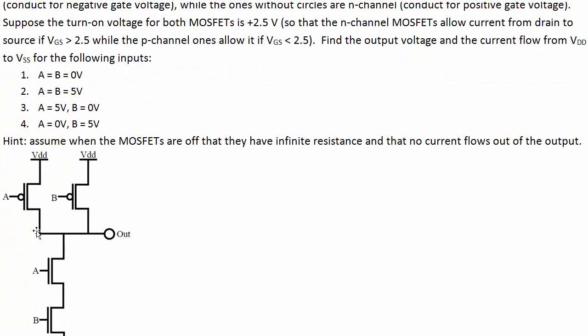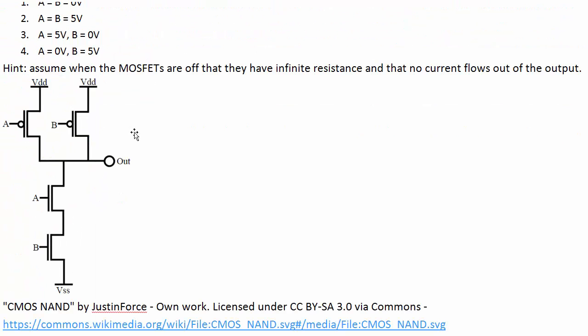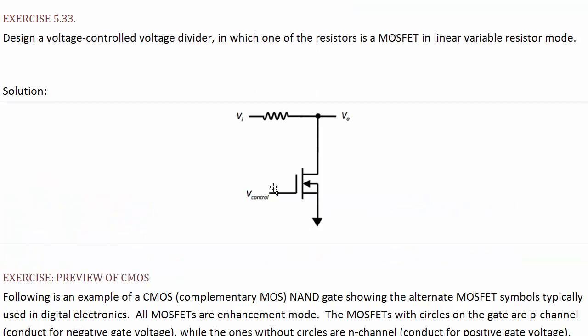Okay, all of these MOSFETs are enhancement mode, and the circles are P-channel, the ones without circles are N-channel. This is a typical different way to draw MOSFETs that you would use in digital logic. So once you're talking about CMOS, you wouldn't bother with the more complicated symbols with the arrows and all that.